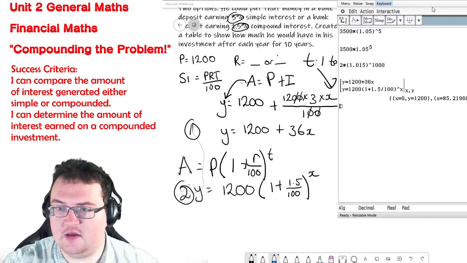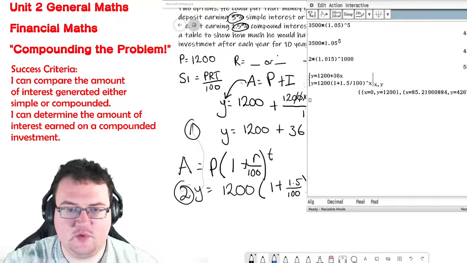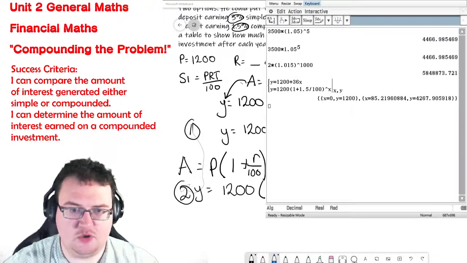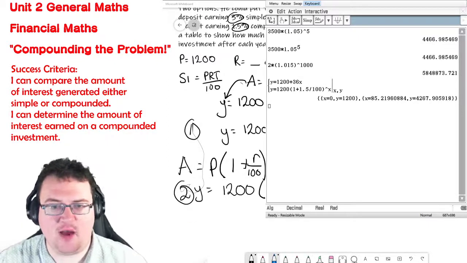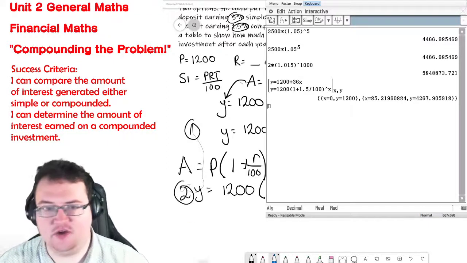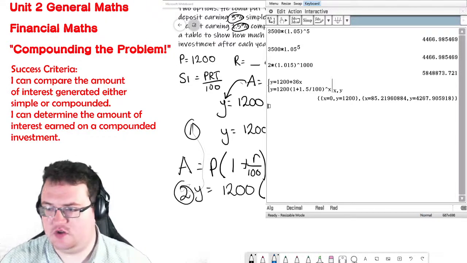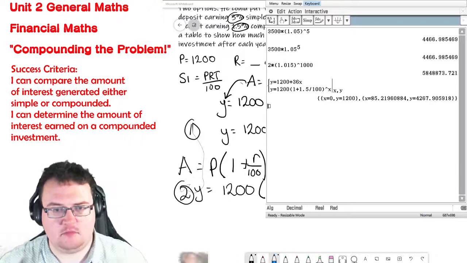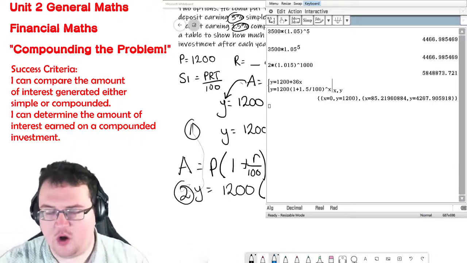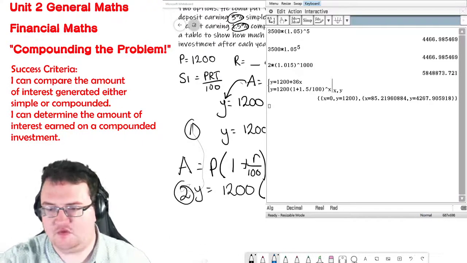And it tells me there are two answers to the question. One is at 1200, which is what we worked out, but also at the 85-year mark, at which point there would be $4,267. So we can work out exact combinations of values that create multiple answers.